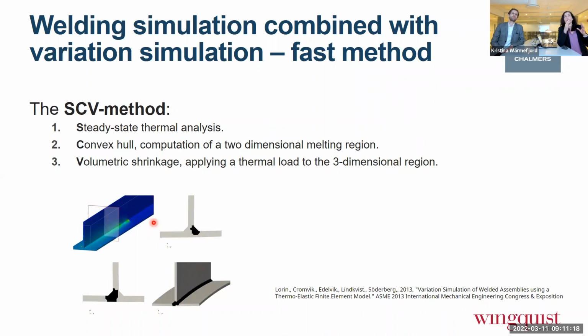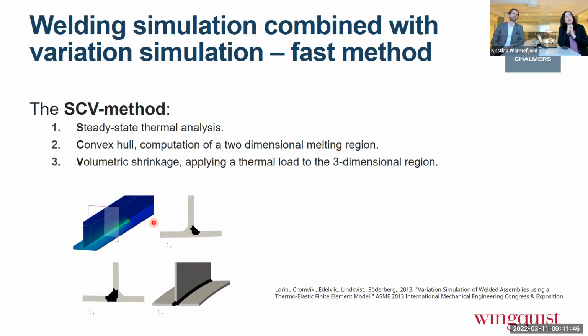We calculate the convex hull of this two-dimensional melting region, and then we apply volumetric shrinkage. So one can say that with this method, we calculate the shape of the melting region, and we do that in the middle of the weld, so we get this steady state behavior, and then we apply it, and then we allow the parts to shrink, and we see what distortion we get.